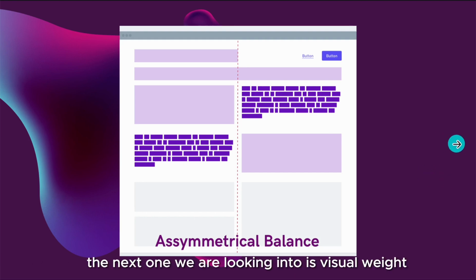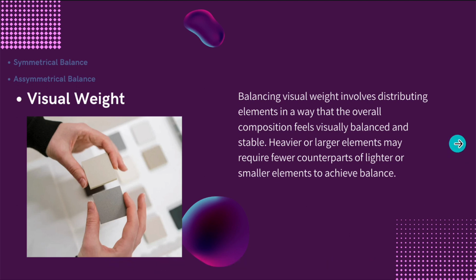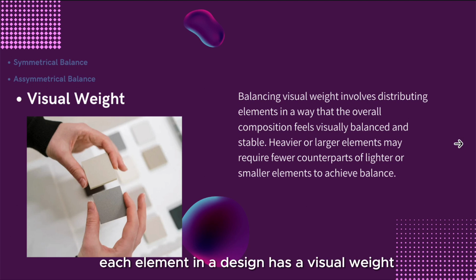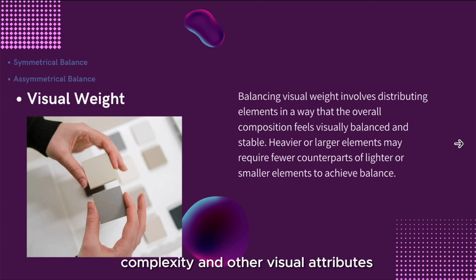The next one we are looking into is visual weight. We've spoken about symmetrical balance, we've spoken about asymmetrical balance, now we are talking about visual weight. Each element in a design has a visual weight, which is determined by its size, color, darkness or lightness, complexity, and other visual attributes.